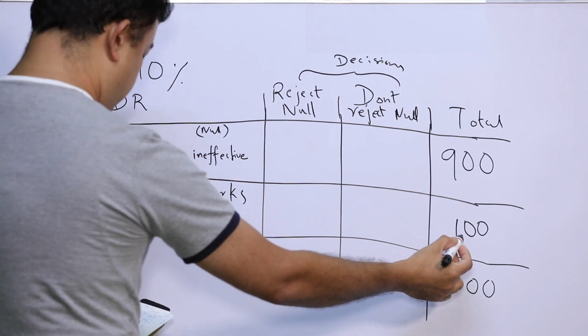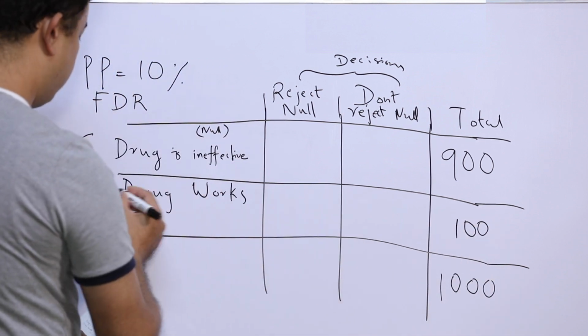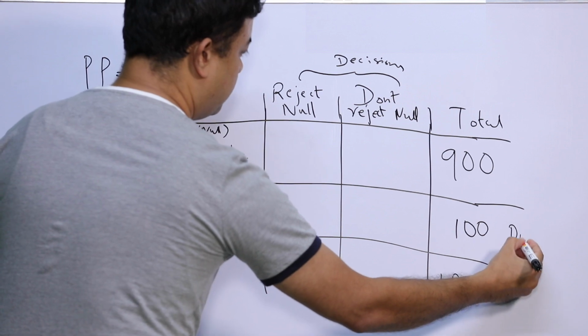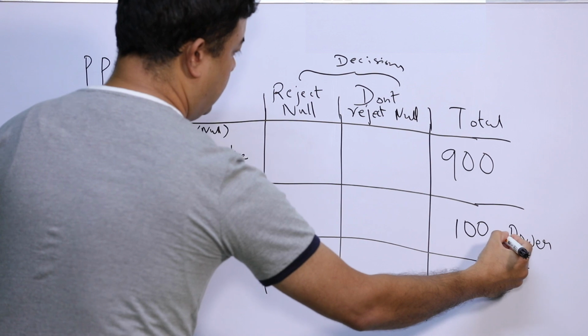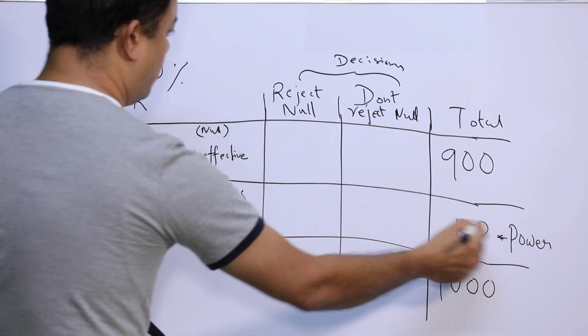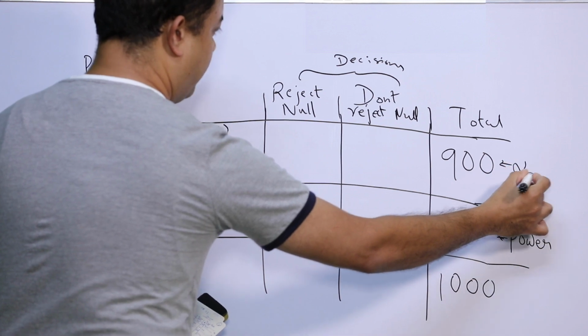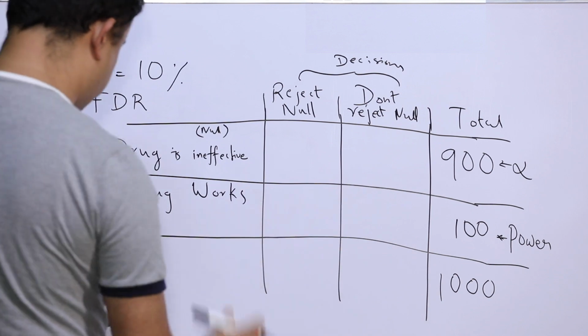So out of 100, as you know, this row is also defined by something called power, statistical power. So we write here power. This power is defined in this row, while this row is concerned with the significance level or alpha.